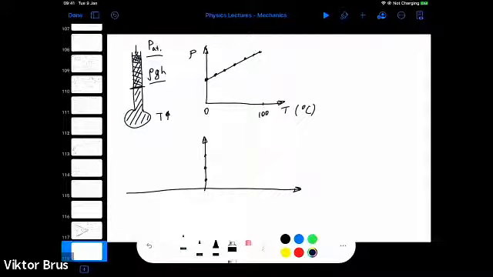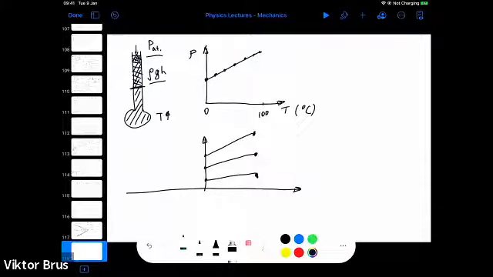So they will have these kinds of linear dependencies. They will be different, but all of them will be linear. But slopes will be different because it's defined by the properties of the gas, or some initial starting point. So you can start these measurements at different pressure.